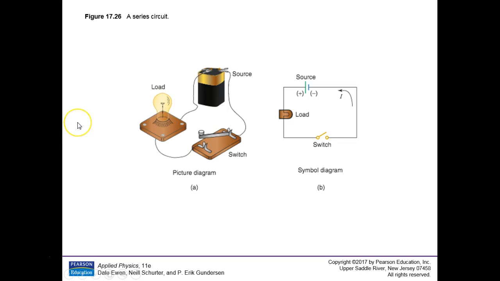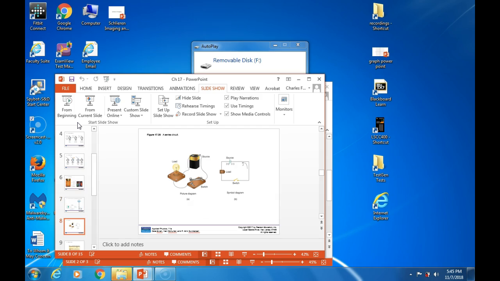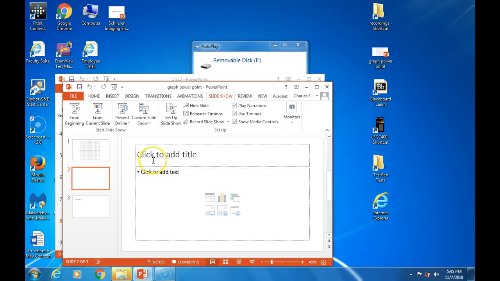So let me go back to the other slide. Okay. Go from here. Oh, current slide, sorry. Okay. This is not a very good picture.